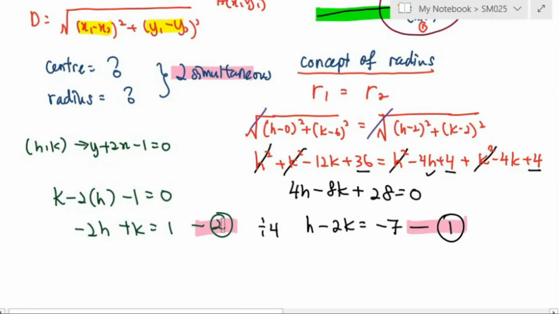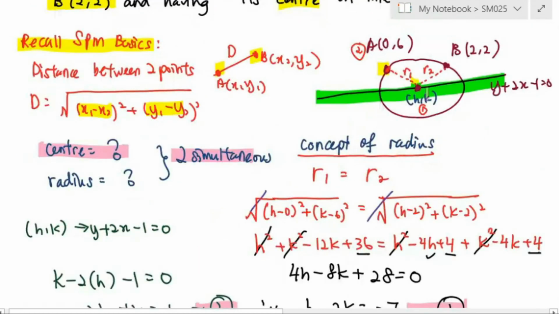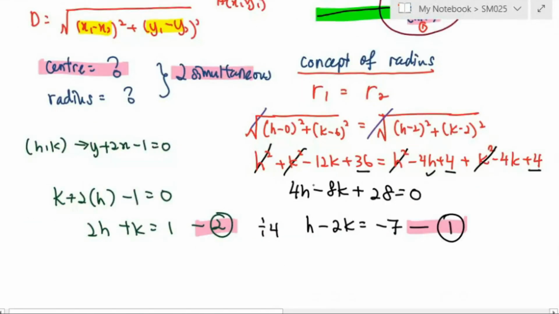So now my job is to solve these two simultaneous equations to get my h and k, so that I manage to get my center. Once I get the center, everything will be easy because I can put back the value of (h, k) to find my radius, either one. So how do I solve this simultaneous equation? I multiply equation number 1 by 2 so that I can use the elimination method to get the unknowns h and k. So this is my latest equation 1.